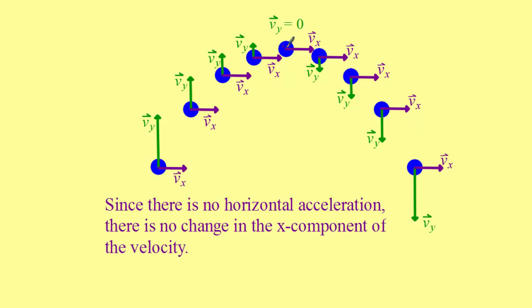So even at the top, when it stops in the y direction, it's still traveling in the x direction at the same velocity. So if we think about this algebraically, we could say that the velocity in the x direction initially is the same as the velocity in the x direction finally, or at any point in its motion, really.